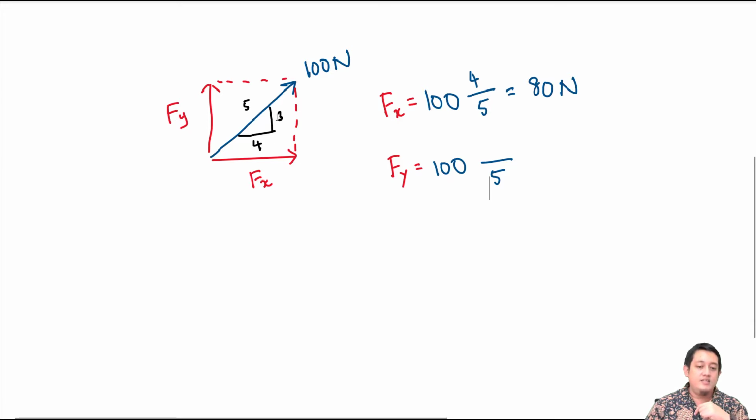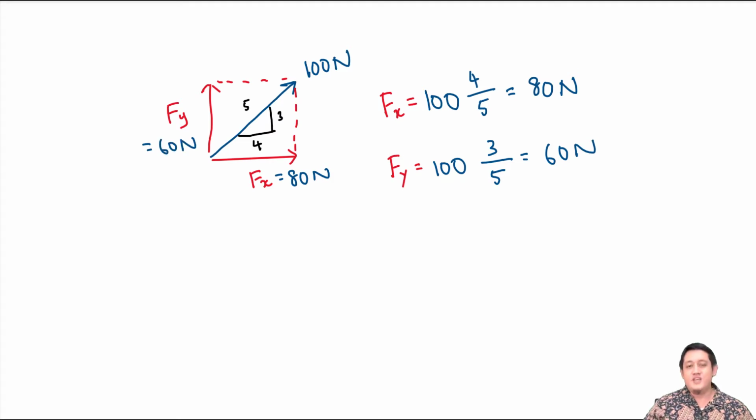The same direction as Fy is this one, 3. So this one will be 3. That's it. Very easy. So this will be 60 Newton. Therefore, Fx is 80 Newton. Fy is 60 Newton. Easy.